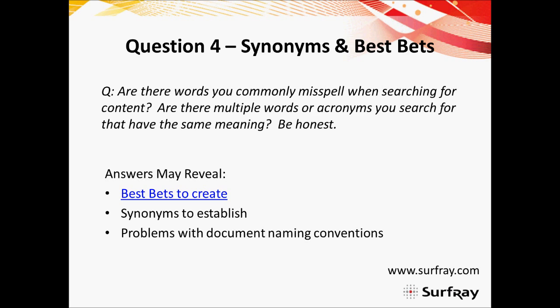Well, when somebody types in the term policy or somebody types in the term procedure, there is one particular document that you know is probably the most relevant thing that they're looking for. You can set up a best bet so that every time they enter policy, every time they search for procedure, that one document is highlighted and pulled to the very top of your search results set.